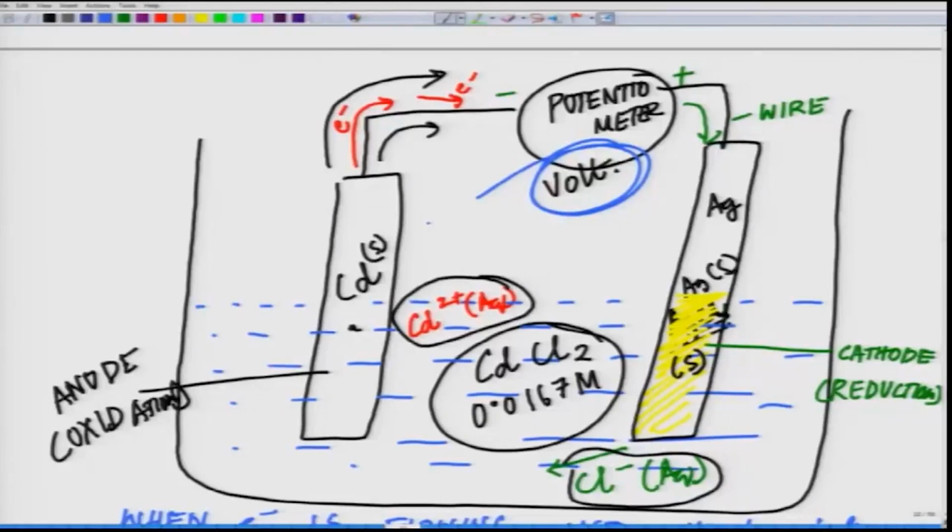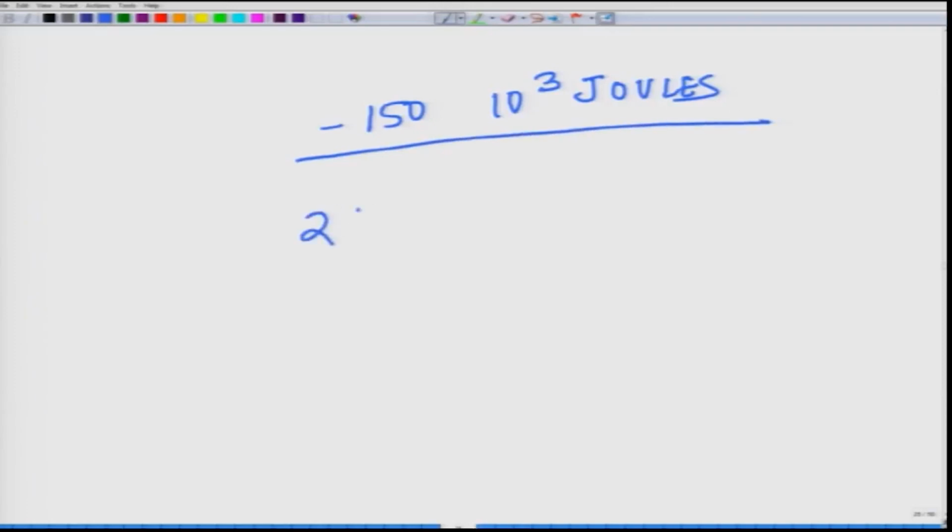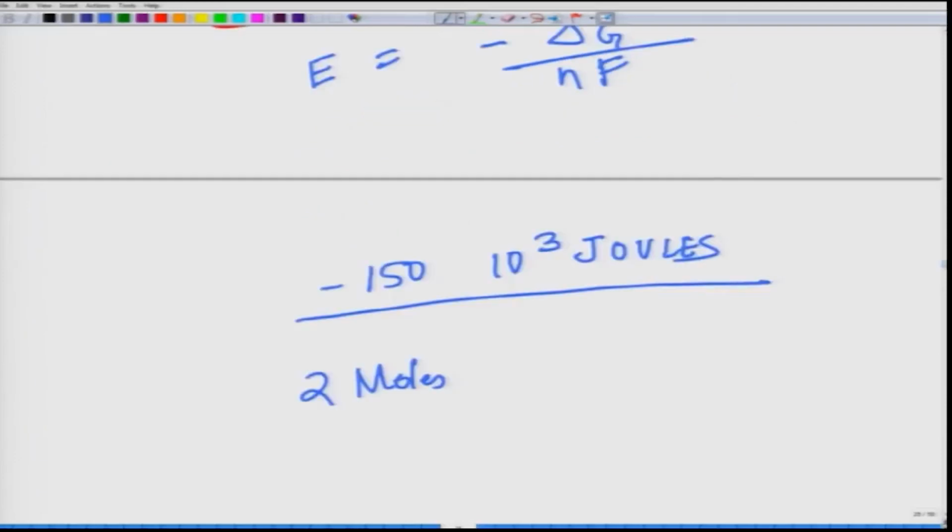So, you have other parameters. You know this reaction will happen at minus 150 kilojoule per mole of cadmium being consumed. So, the value of E will be minus 150 into 10 to the power 3 joules, since that was in kilojoules, so I am converting it into joules, divided by 2 moles multiplied by F, Faraday's constant, which is 9.649 multiplied by 10 to the power 4 coulomb per mole.